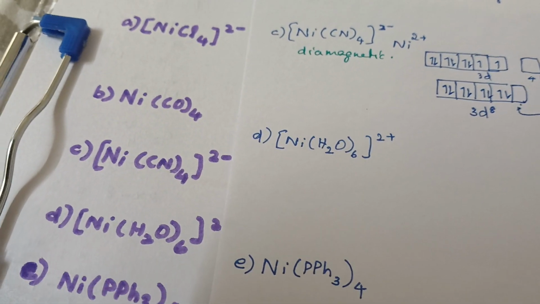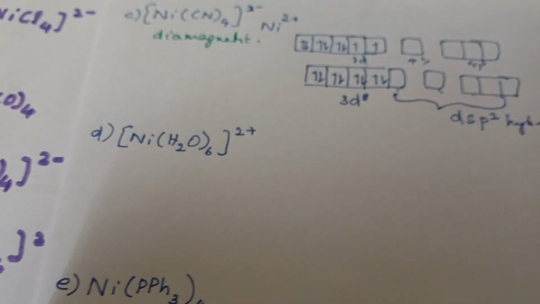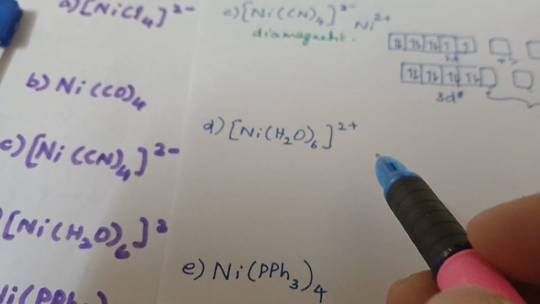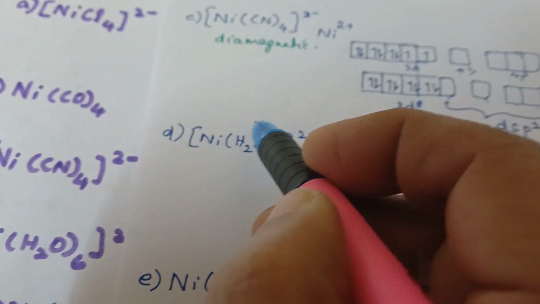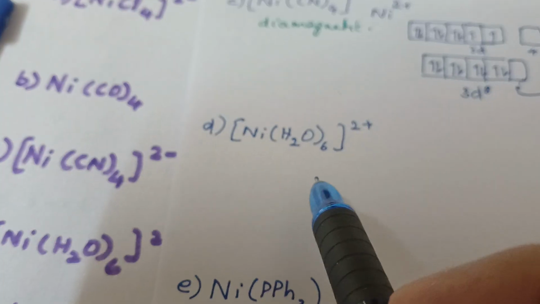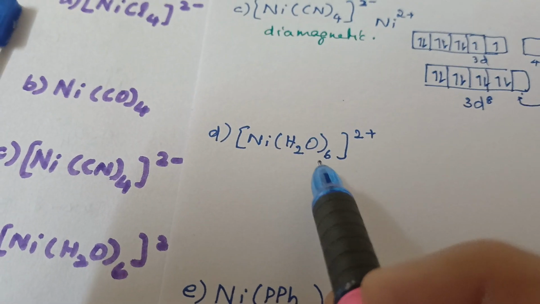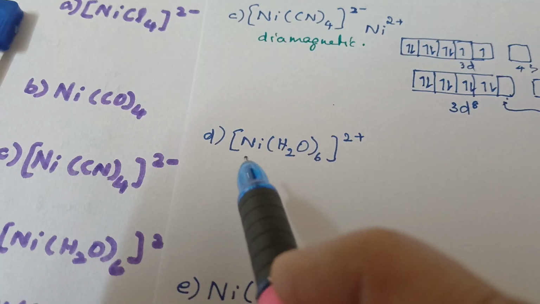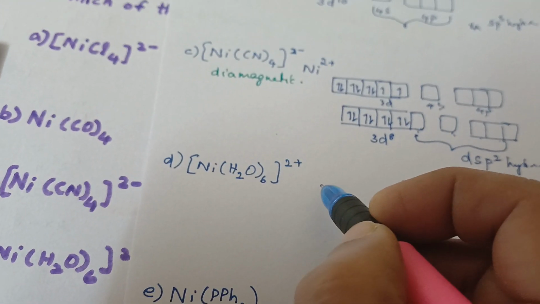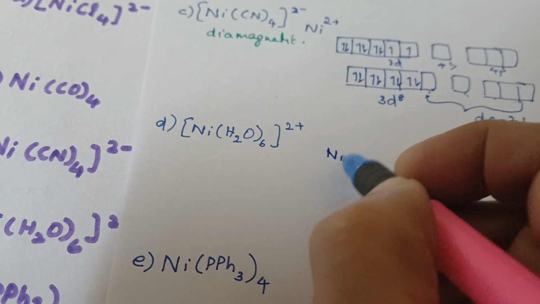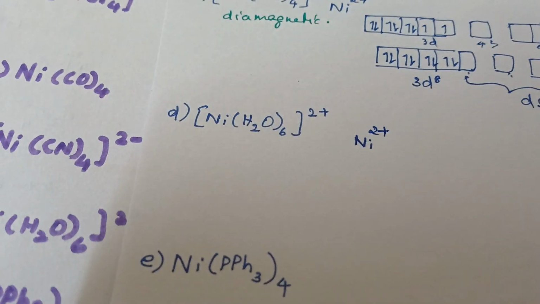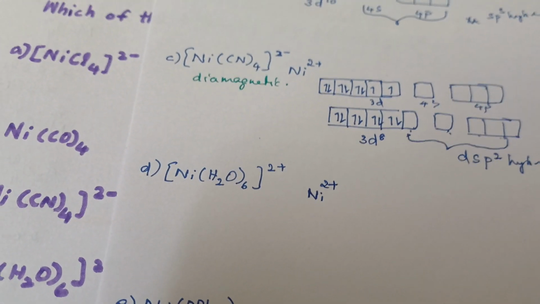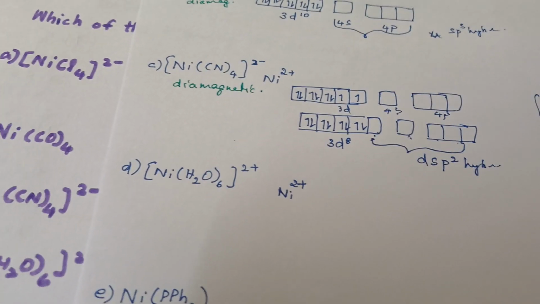Next one is [Ni(H2O)6]2+. Here also the water molecule is having 0 oxidation state because it is a neutral molecule. But then nickel will have the overall charge of Ni2+. Ni will be in its +2 oxidation state.